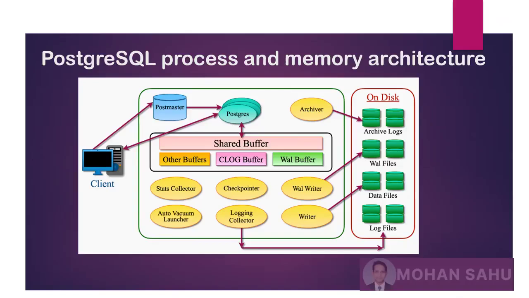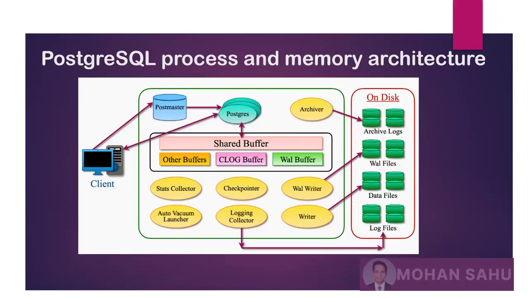In case of write operations, maybe update or insert, if the data block is not found, again it will be fetched from the data files, and whatever modification we are doing will be recorded in the data block in the shared buffer. Once it is committed, it will be written to the WAL files with the help of the WAL writer, and all the committed transactions will be stored in the WAL buffer. We have already seen the concept of write-ahead logging yesterday.